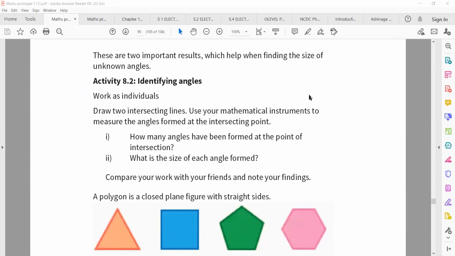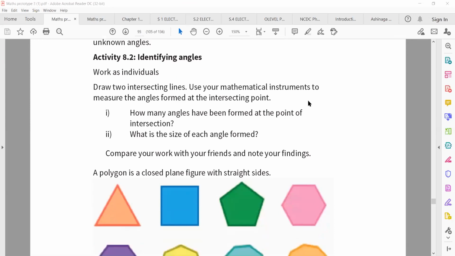In this case, we are going to be identifying angles. So we are going to draw two intersecting lines and use your mathematical instruments to measure the angles formed at the intersecting point.